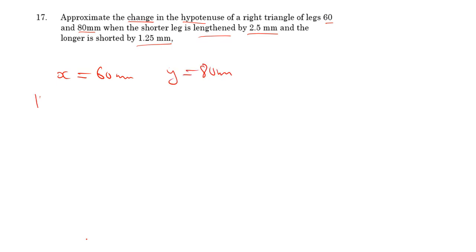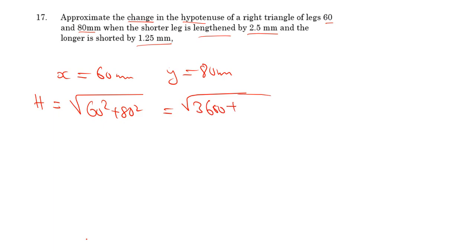So replacing this into the function for the hypotenuse, which we wrote earlier, it is just going to be 60 squared plus 80 squared. This gives us 3,600, plus 6,400.